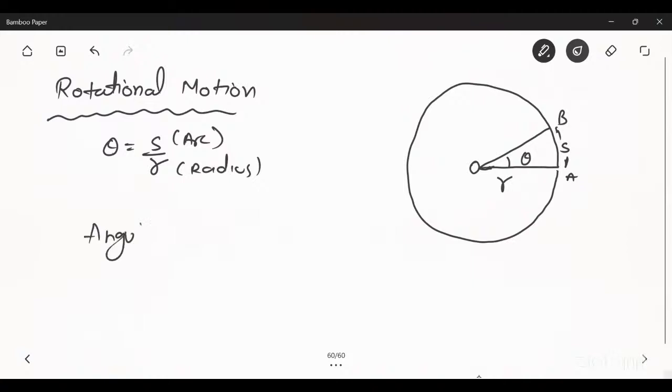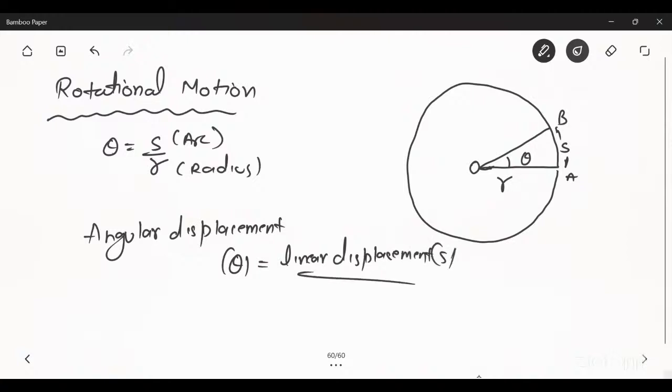So angular displacement theta is equal to linear displacement s upon radius. Its SI unit will be radian. So theta is equal to s upon r, and s is equal to theta into r.